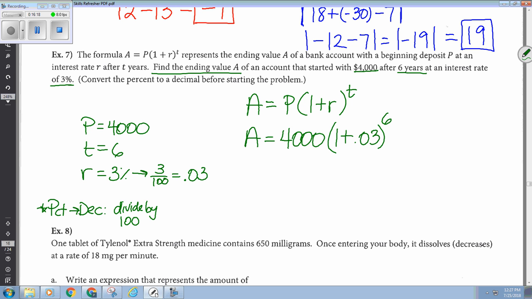So now we're ready to do some work. Follow the order of operations. So we start inside the parentheses. 1 plus 0.03 gives you 1.03. After parentheses is exponents. So exponents, you have 1.03 raised to the 6th power.